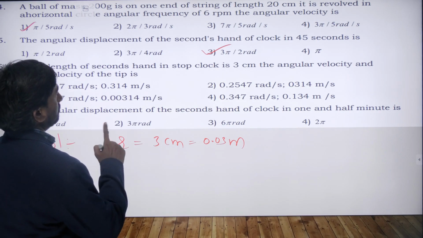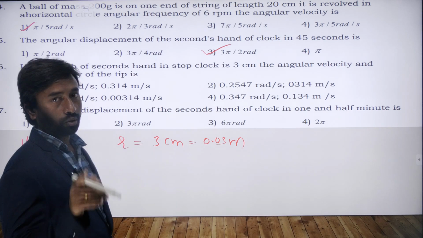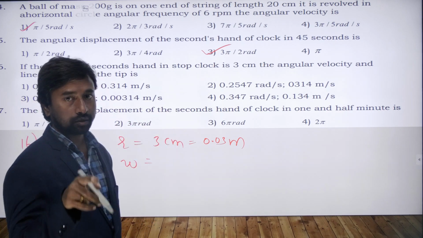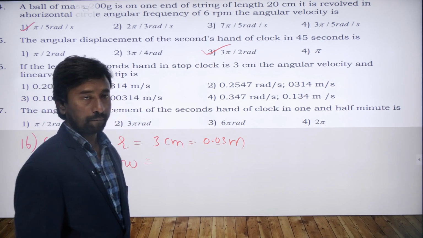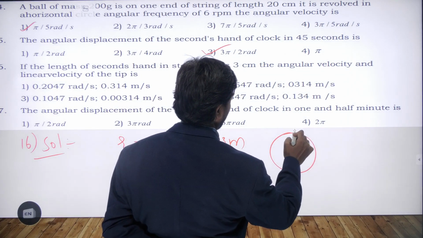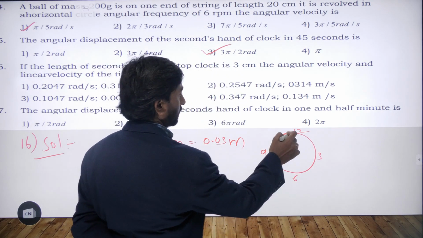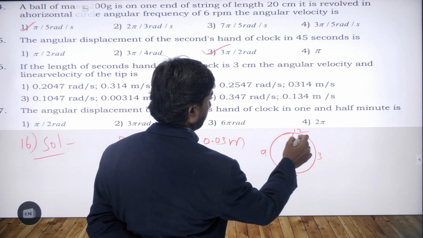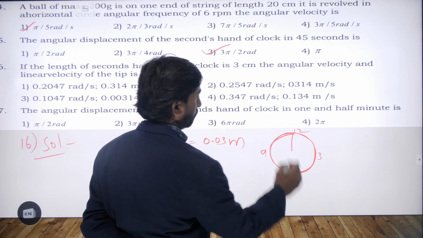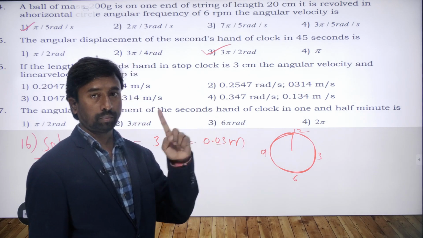Now we know that for the seconds hand of a stop clock, the angular velocity is denoted by omega. If the seconds hand completes one revolution, it completes 1 minute. In the clock, this is 12, 3, 6 and 9. The seconds hand starts from here, completes one revolution like this, and stops here, rotating 360 degrees. So for one rotation it takes 1 minute.